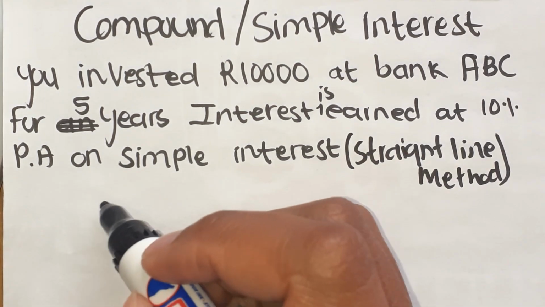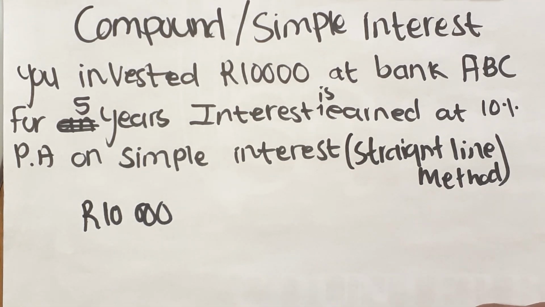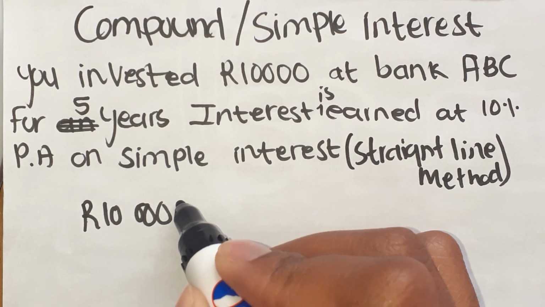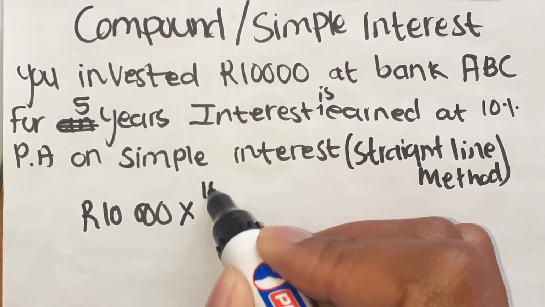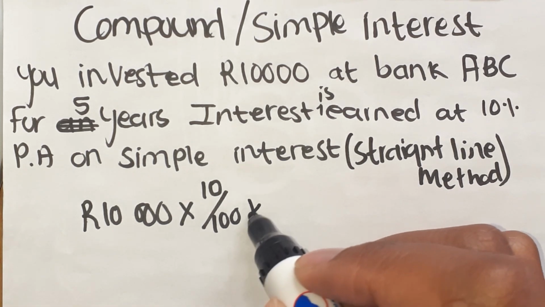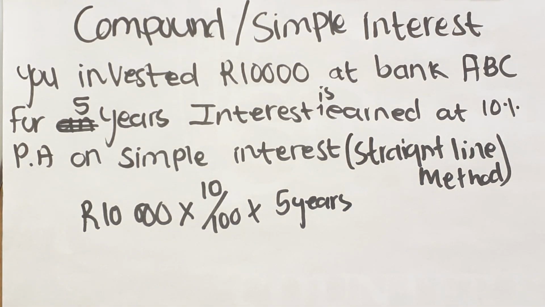So you have 10,000 rand invested at 10%. We can say 10 over 100 times 5 years.